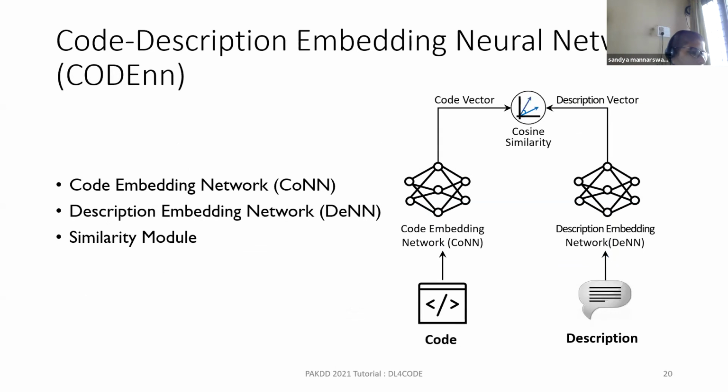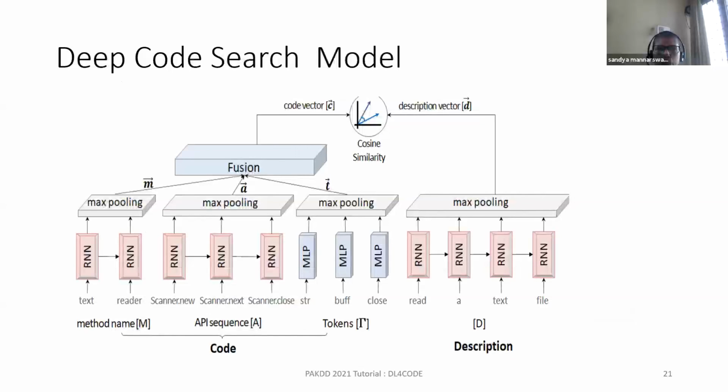That is a key factor for this paper's success. I would not get into the individual block diagram, which is present in the slide, due to time constraints, and it's a standard NLP embedding representation, so I would skip over that.